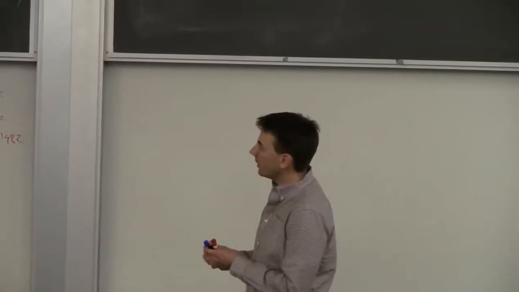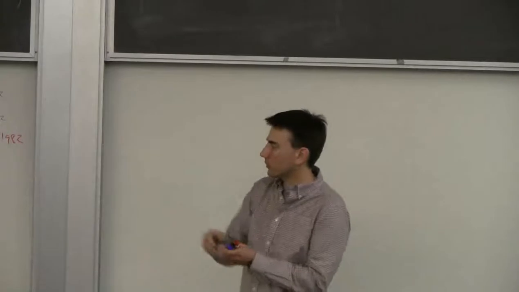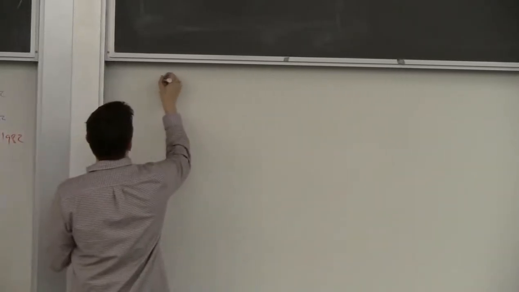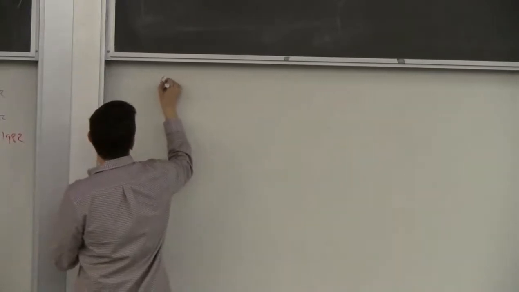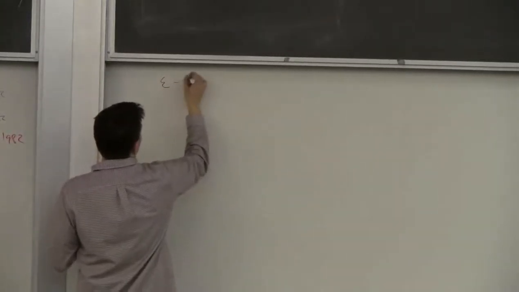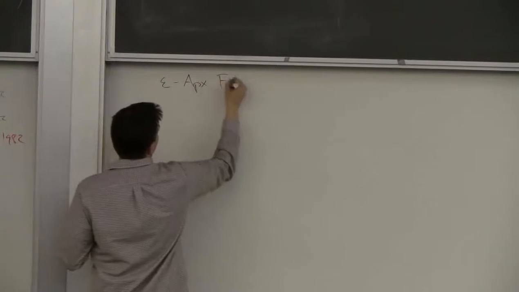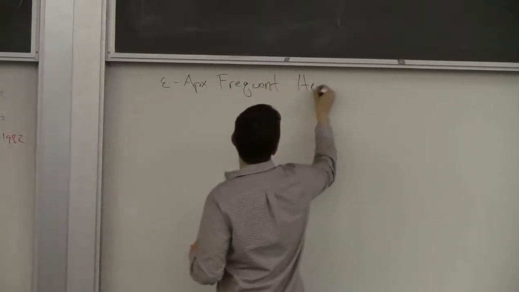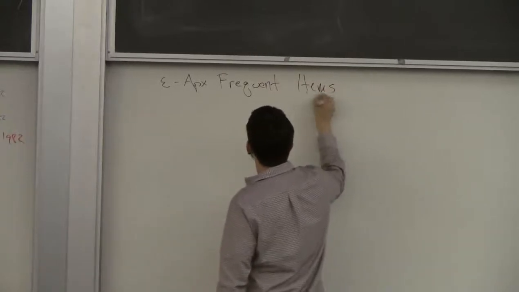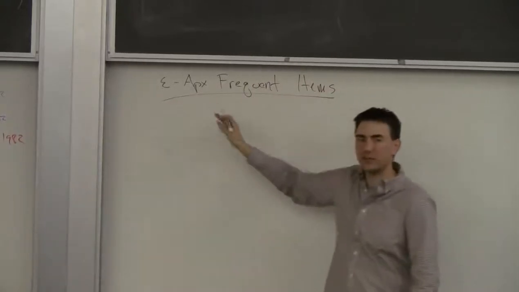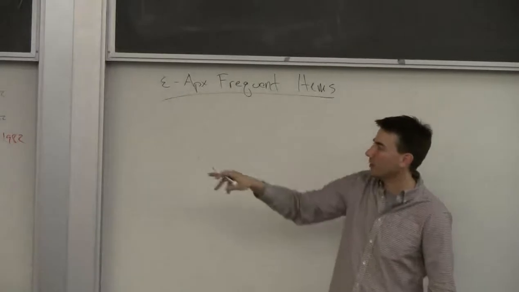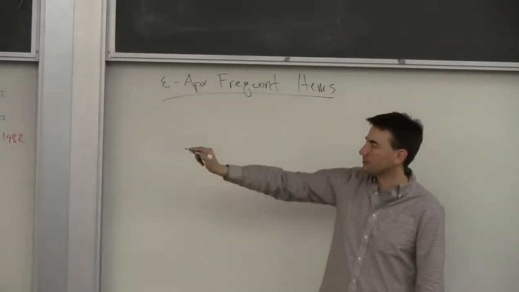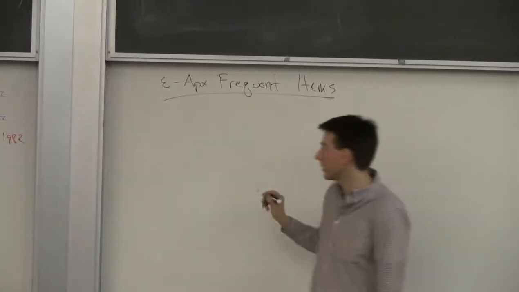So I'm going to again approximate the frequent items. I'm going to solve the epsilon approximate frequent items problem, and I've slightly changed the name because I'm going to slightly change the bounds I'm going to get.